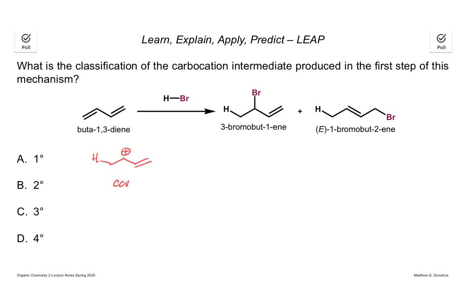So that was the carbocation. We determined it was secondary based on the number of carbon substituents bonded to it. And it was allylic because it has this pi bond bonded to it as well. So secondary allylic.